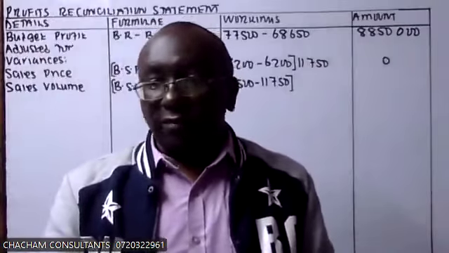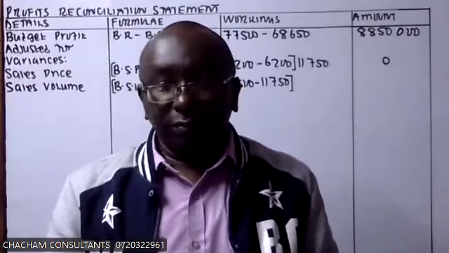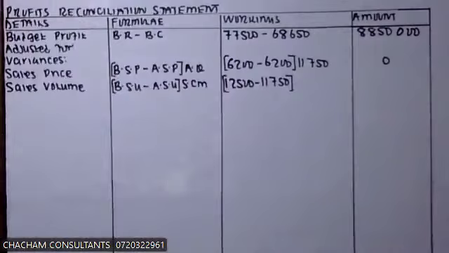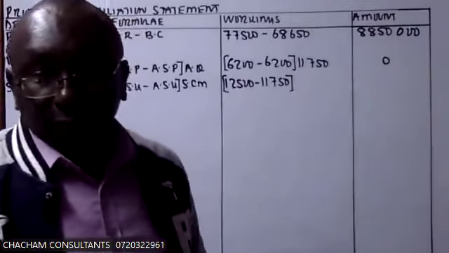The selling price, you less those three variable costs: material, labor, and variable overheads.